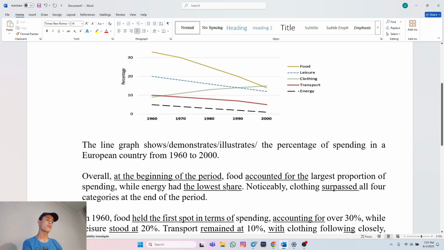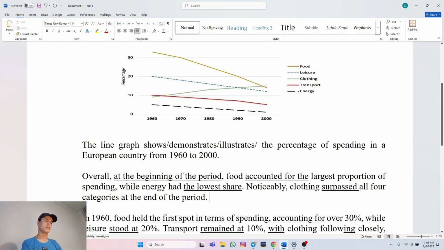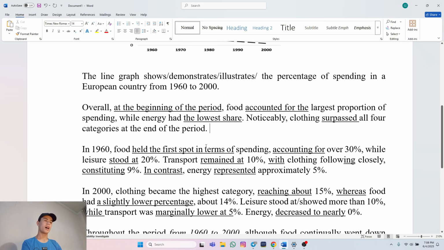Actually, I have written this essay recently. However, I forgot to record my screen, and I had made some words underlined, and I taught you this a very long time ago.